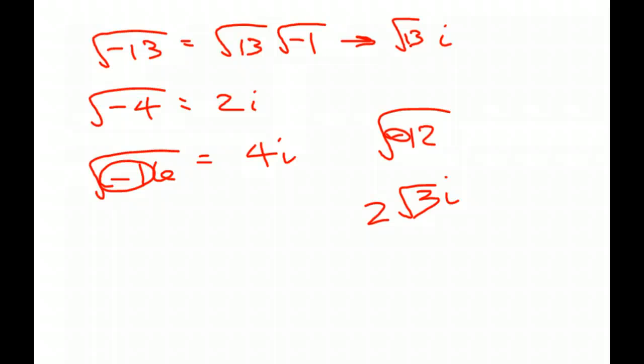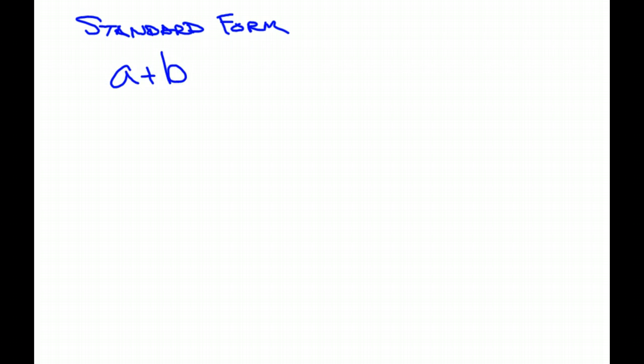All right, so can I erase that? There is a standard form of doing imaginary numbers. The standard form looks like this: a plus bi.